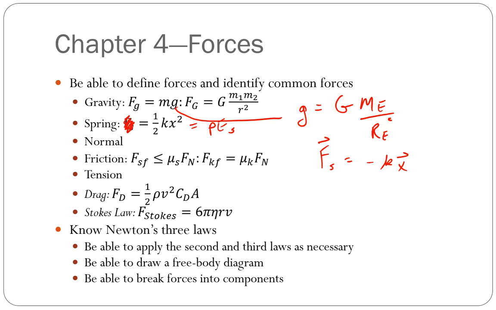The third law says that for every action, there's an equal and opposite reaction. That's the basic law that says if I hit the table, the table hits me back with a force of exactly the same magnitude, but in the opposite direction. Of course, some people say, well, if you hit it hard enough, you can totally break it, and then your hand doesn't hurt so bad. I'm still hitting it as hard as it hits me.